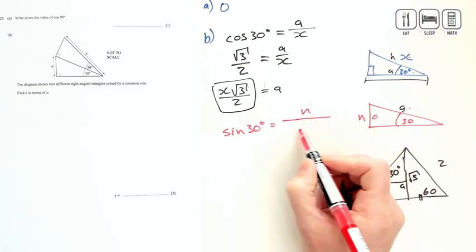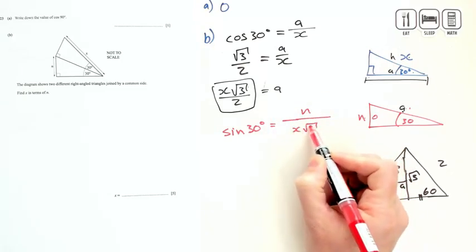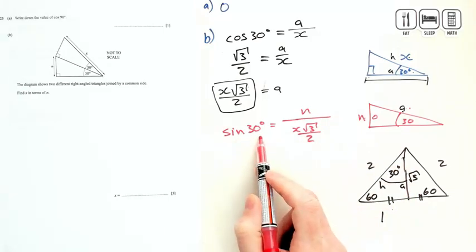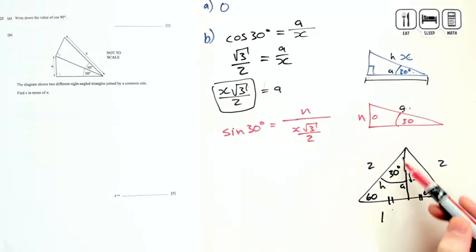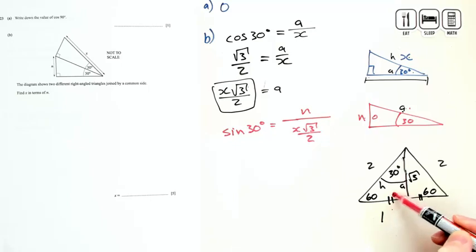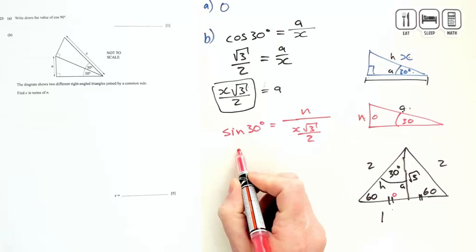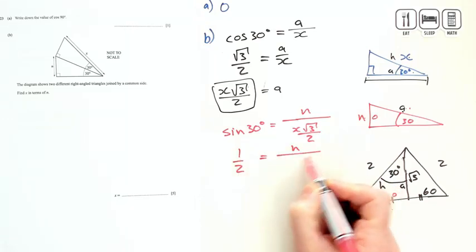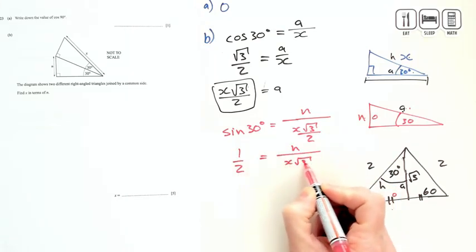This is n, and this is x square root 3 over 2. The sine of 30, you should know, is a half. So I have here 1 over 2 is equal to this over this whole ugly looking thing.